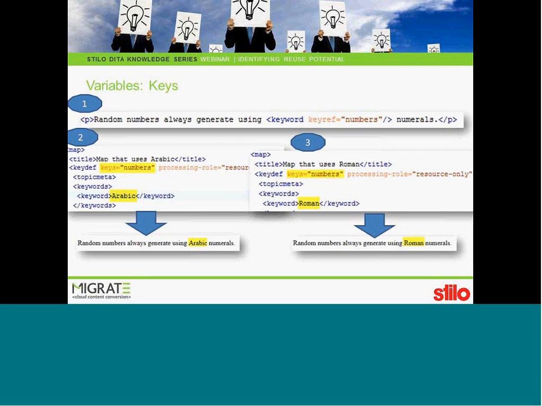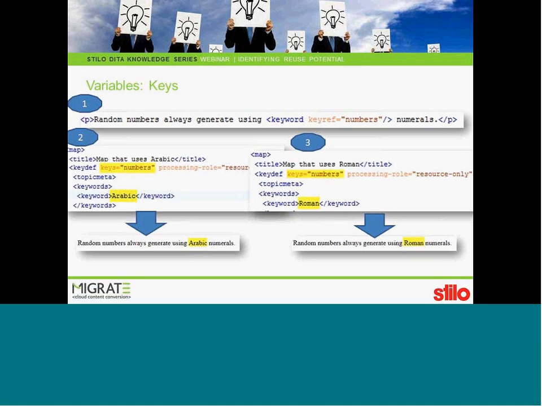So let's do an example of keys. I've got a P element, my paragraph, and it's just a sentence. Keys are very good for inline variables. Instead of hard-coding a word in there or using a condition or anything like that, I've just stuck in a keyref. My keyref is called numbers, and my key is called numbers, and I'm referring to it.